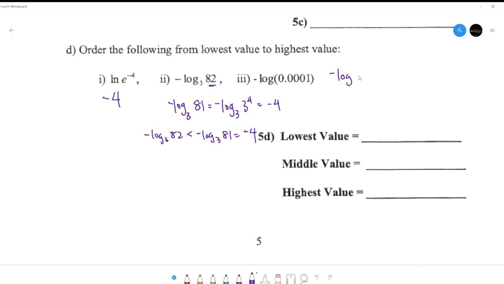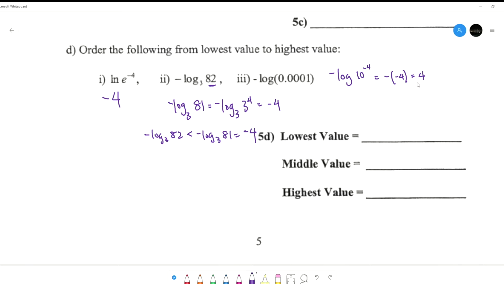Negative log of, I guess I'll put 10 to the -4. You see that? So this is negative times -4, which is +4. Okay, does that make sense for everyone?